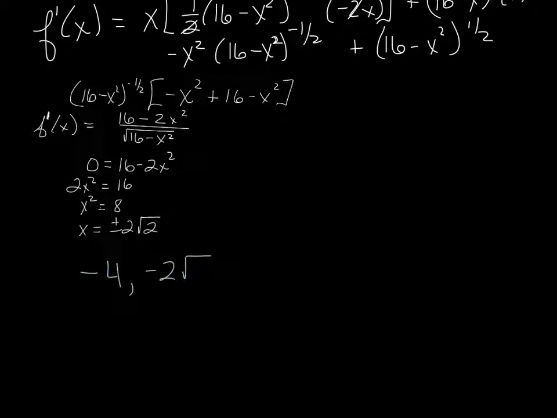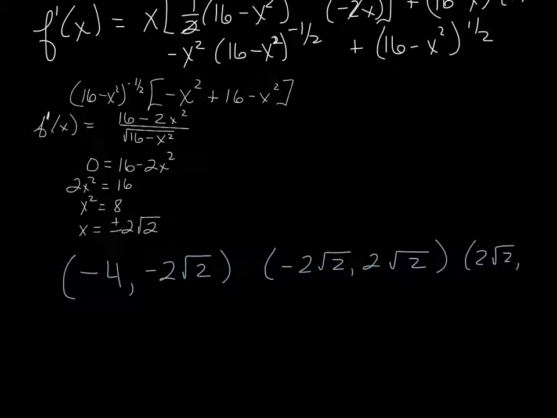That's one interval. Then we have an interval from negative 2 square roots of 2 to positive 2 square roots of 2. And then an interval from 2 square roots of 2 to 4. Those are the only places where the derivative is 0 or does not exist, so it's the only place where we could possibly change from increasing to decreasing, where you have a critical number.